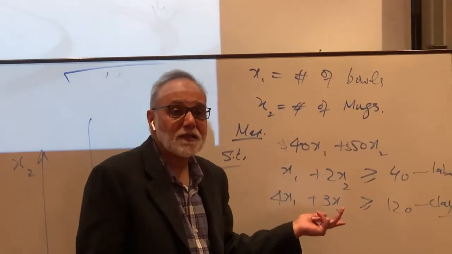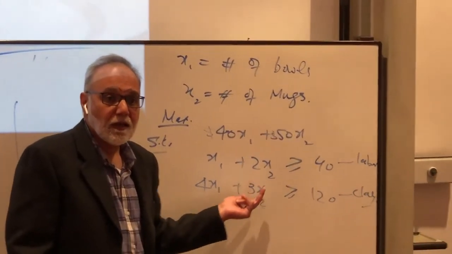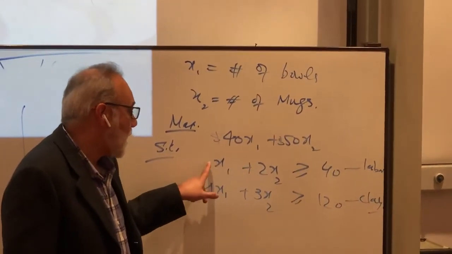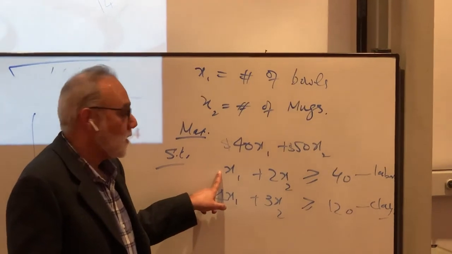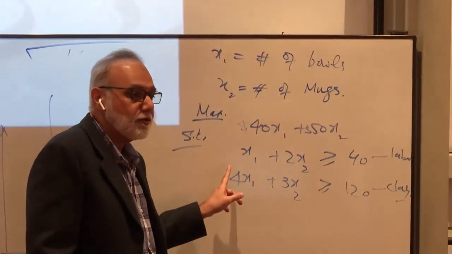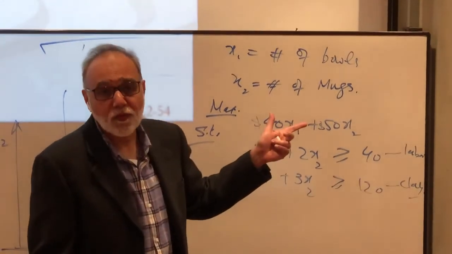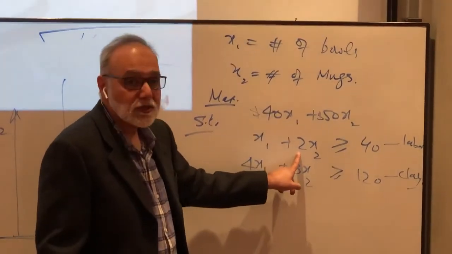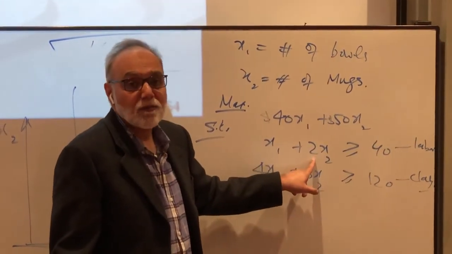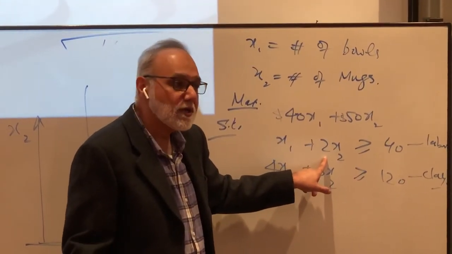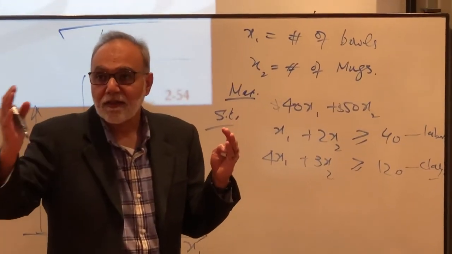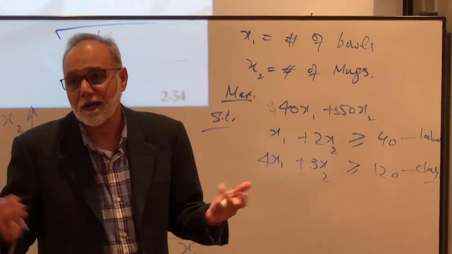Similarly, proportionality exists in the constraints as well. If 1 hour of labor is used in making one bowl, making 10 bowls will use 10 labor hours. Here 2 hours are used for making one mug. If we are making 10 mugs, 20 hours of labor will be used. So this is proportionality. This is a function of linearity.